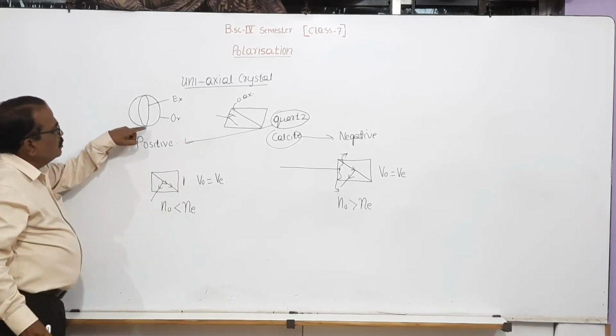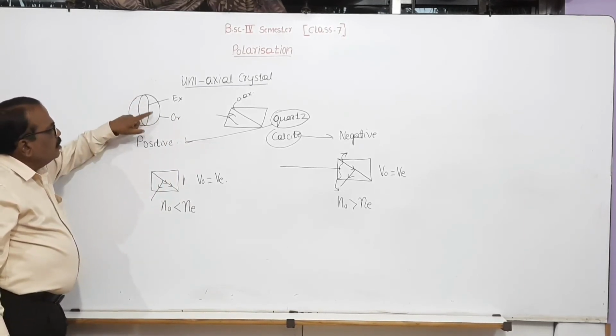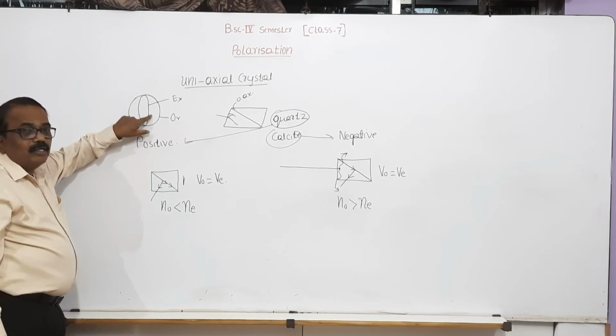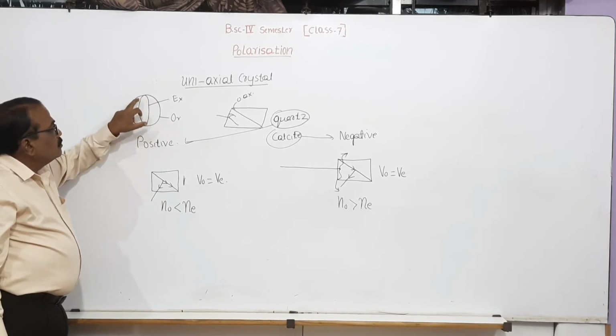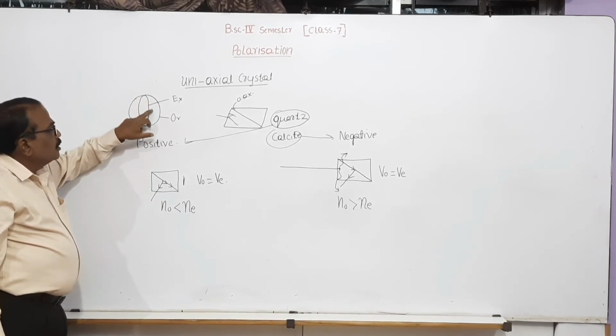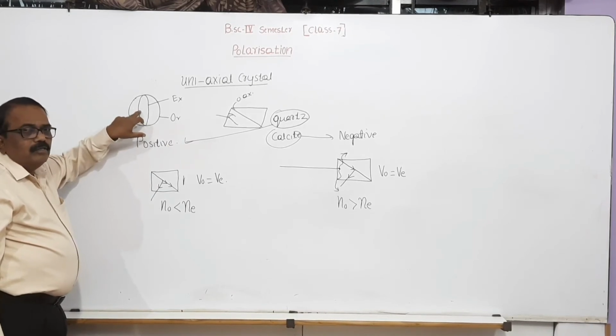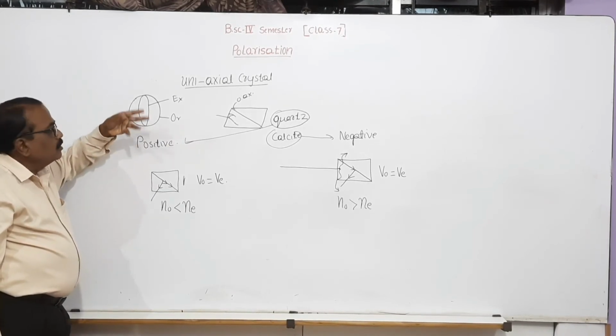From this it is clear that the ordinary ray describes a circle because it travels with the same speed, whereas for the extraordinary ray, the wavefront is an ellipsoid because it travels with a different speed.